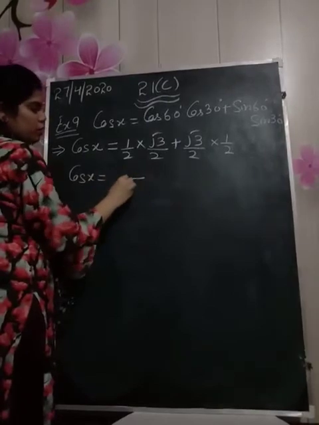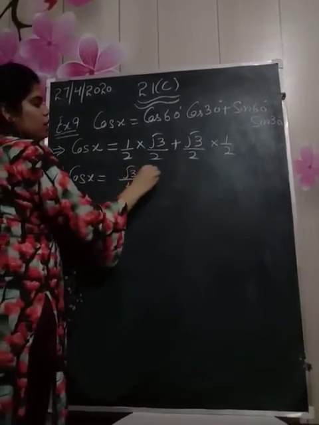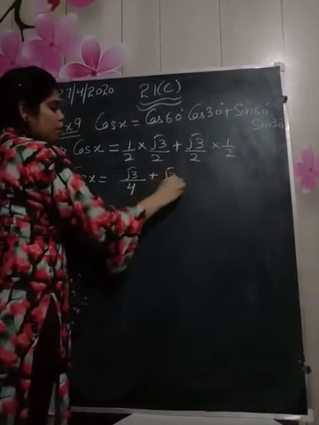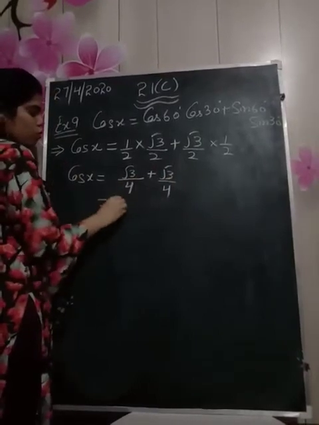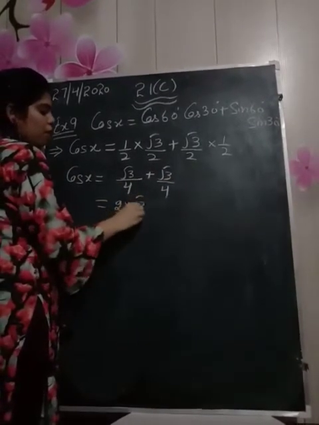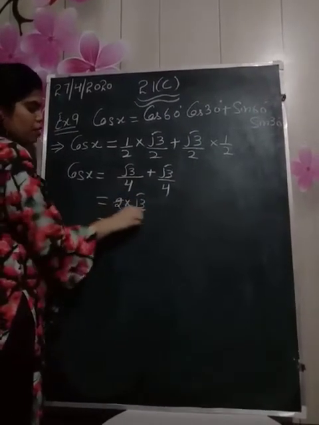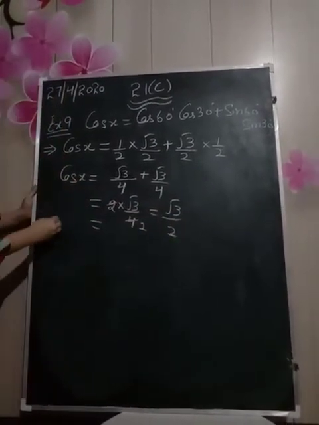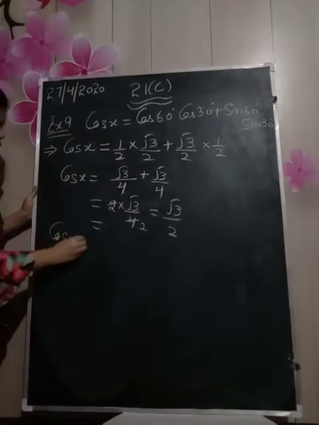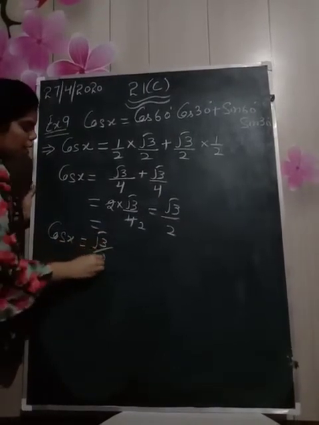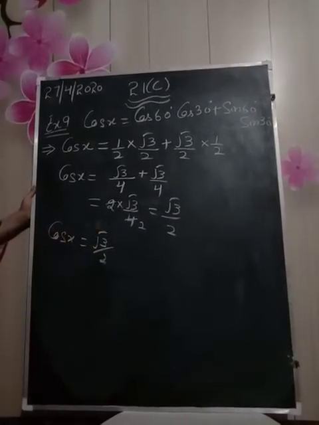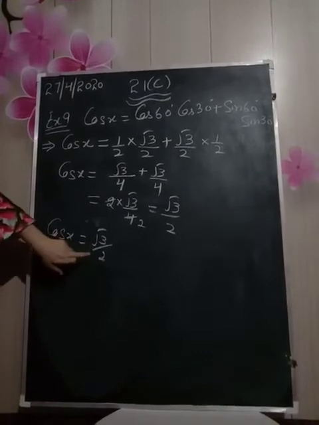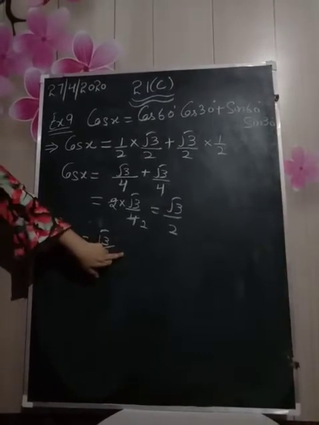Here 4 plus root 3 ones are root 3 by 4, so 2 times root 3 by 4. Here cancel 2, root 3 by 2. So here cos x is equal to root 3 by 2. And students, we have to find the value of x, so we have to put this term in terms of cos.